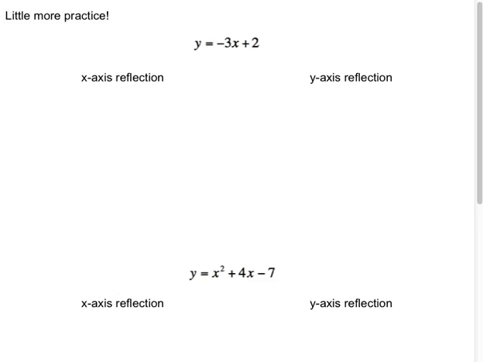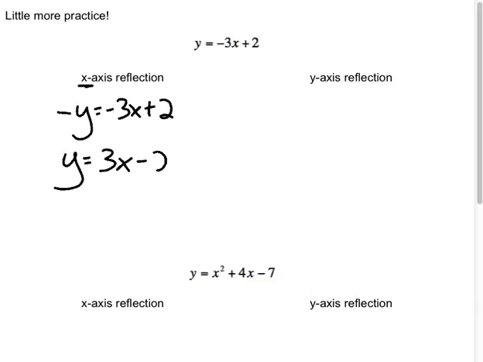So let's just get a little bit more practice on that. Okay, so x-axis reflection. So the x gets to hold its value, okay? The x gets to keep its value, and the y has to take on a negative. When it does, now I have to resolve that. So I have to divide everything by -1 to end up with that.